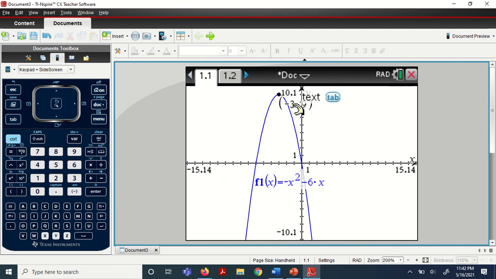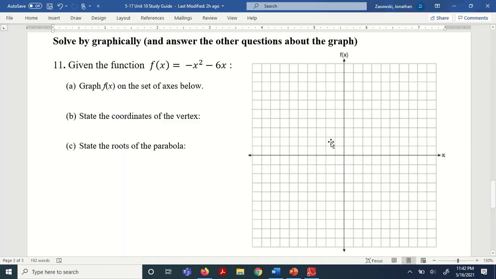It gives you that point, -3, 9. So remember, if we're using a table of values, an XY table, to graph, this point goes in the middle. So -3, 9 is in the middle. That's also the vertex, -3, 9. We're going to pick numbers above and below that.